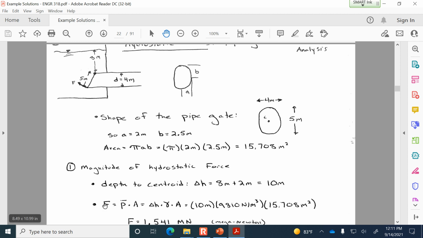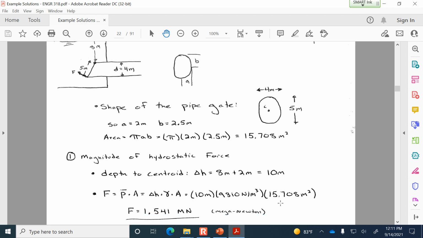The force is the pressure at the centroid times the area. So delta H times gamma times the area, and it's 1.541 meganewtons. So that's 1.5 times 10 to the 6th newtons.